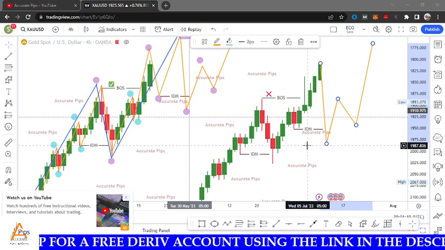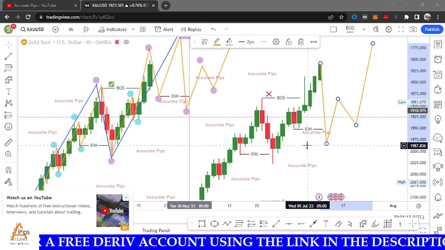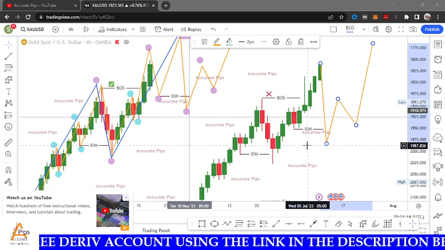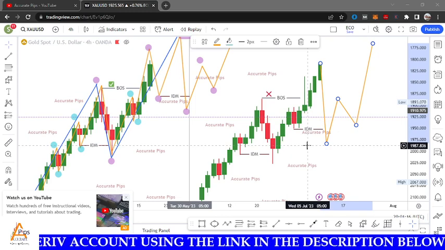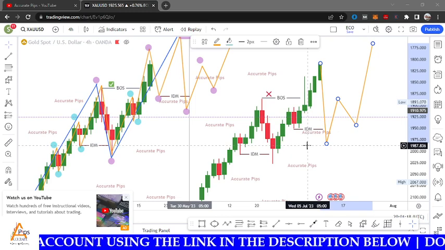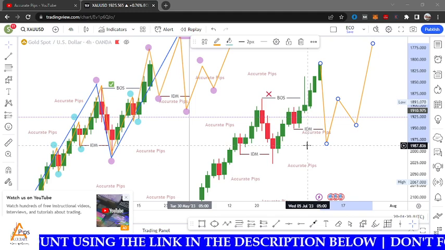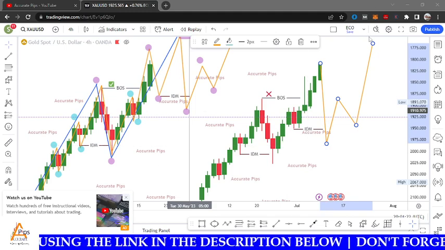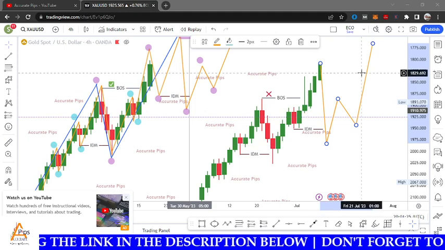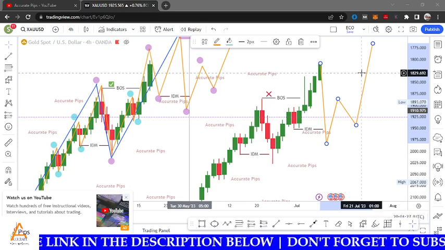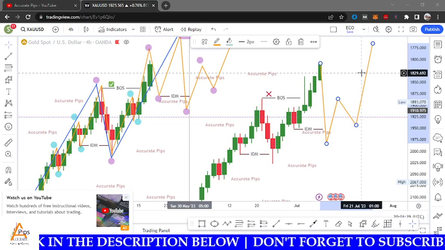You will understand more when we look at more examples as we move on in the course of this lesson. On that note, let's look at the bearish structure. Then we look at what we refer to as change of character before we end today's lesson.